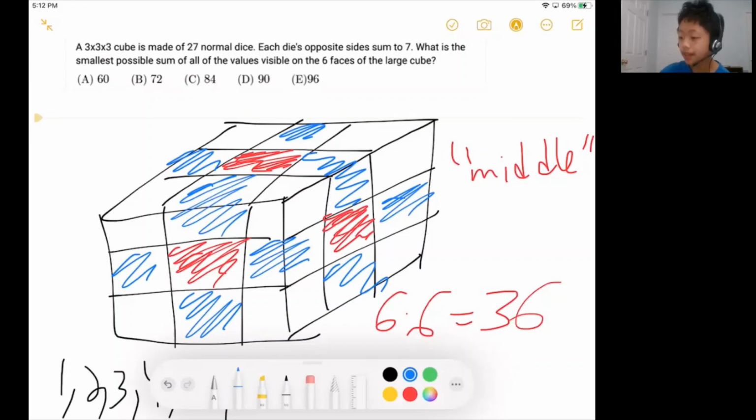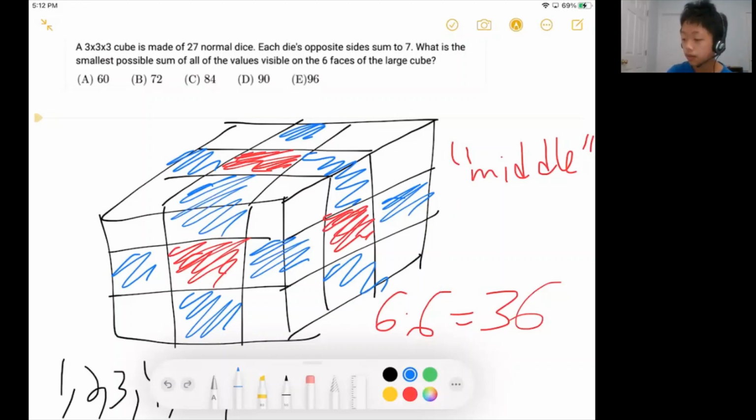We can think of this 3x3x3 cube as consisting of 3 layers: a top layer, a middle layer, and a bottom layer, and each layer consists of 4 blue cubes. So we're going to have 12 of these blue cubes in total.